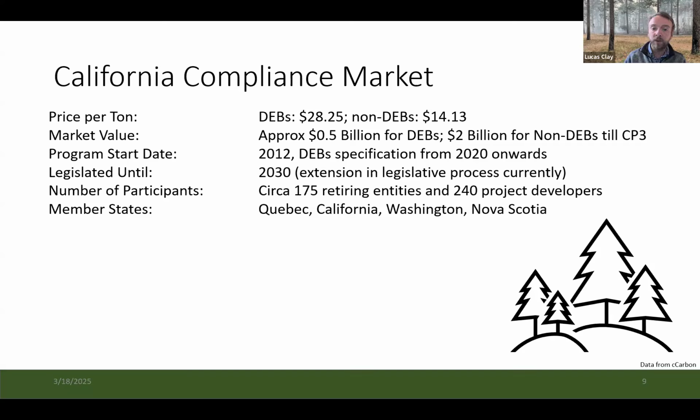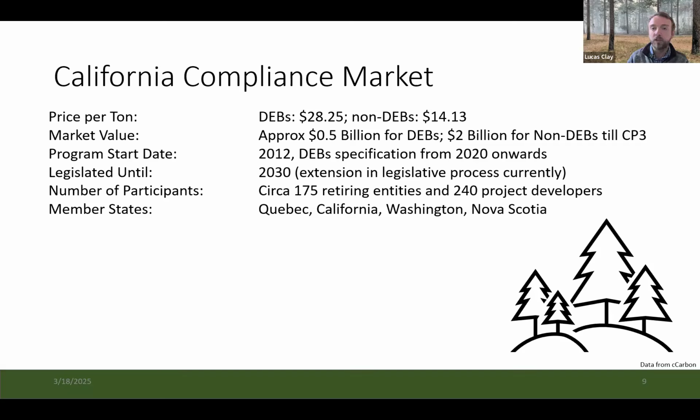There's about $0.5 billion in the DEBs credit trading, and then $2 billion for non-DEBs. Again, this is because California companies are required to purchase a certain portion of DEBs, but there are also other entities, as you can see below, Quebec, Washington, Nova Scotia, that can purchase non-DEBs and are not required to purchase the DEB credits. This program started in 2012.